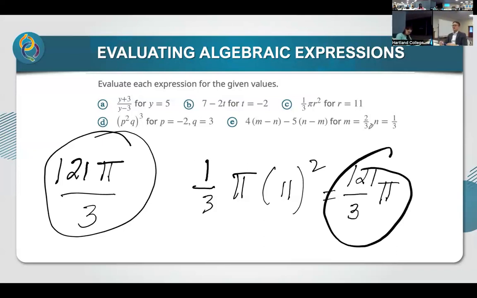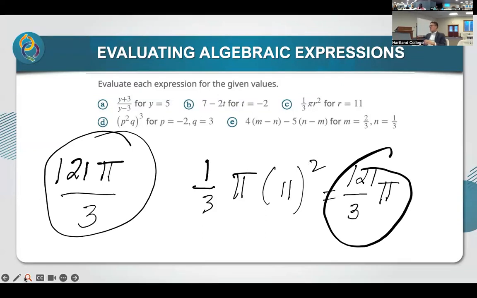You can write it as 121 over 3 pi, or as 121 pi over 3. Leave it that way. We don't have to multiply 121 times the value of pi. Leave pi as a constant because we understand that pi is a number.